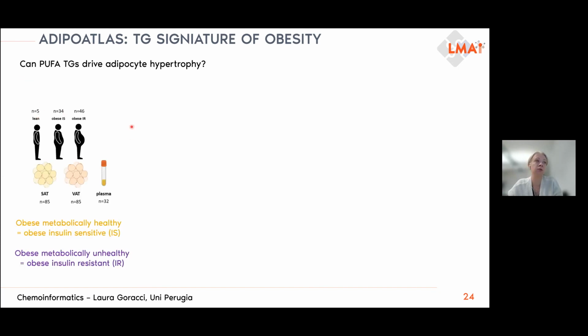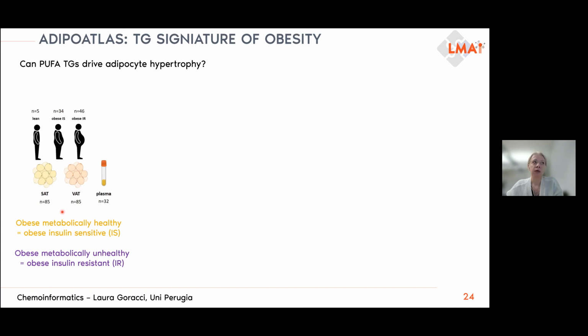And this is what we did. For instance, here we had individual samples of white adipose tissue, subcutaneous or visceral, also some plasma, and we performed the same analysis that we did before, but now in a much faster way, since everything is already identified and characterized, in these 170 samples.